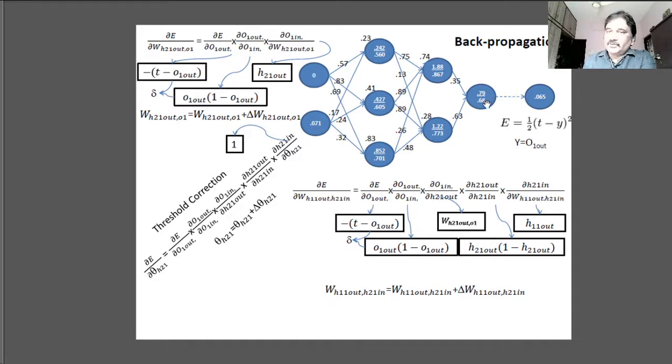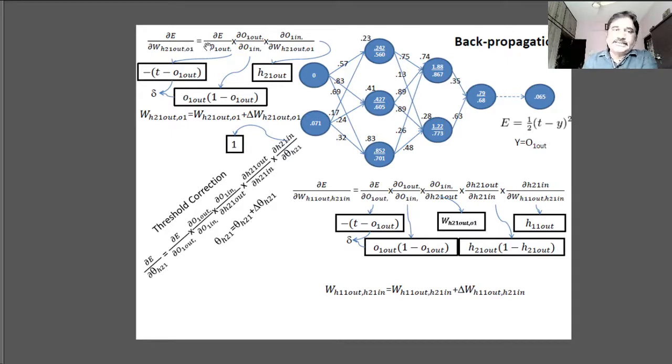This O1 out is related with O1 in, and O1 in is related with this weight and this weight. So if we take all these things into account, the differentiation of error with respect to this weight is to be obtained by chaining all these eventualities.